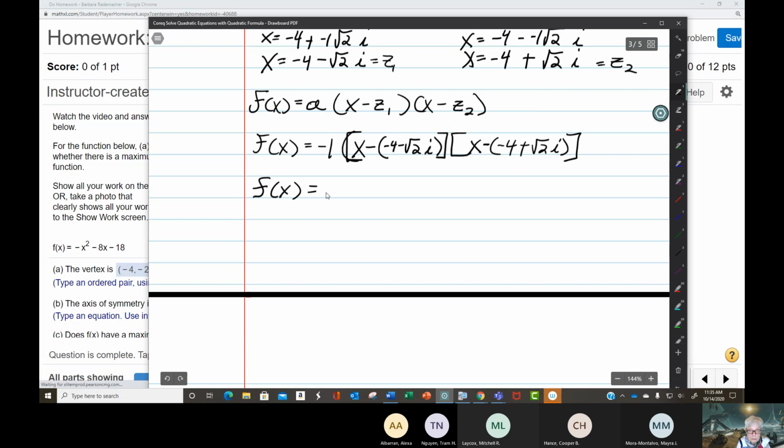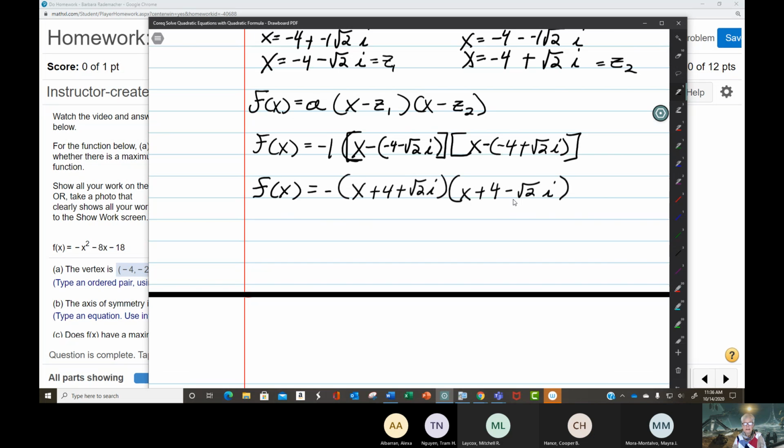So, no, we're not going to say negative 1, we're just going to say negative. Here's your answer if you're putting this in factored form. We're going to distribute that negative sign, so this is going to be x plus 4 plus the square root of 2i, x plus 4 minus the square root of 2i.